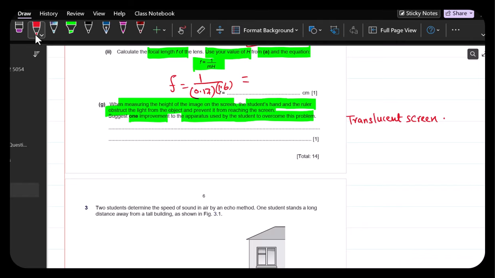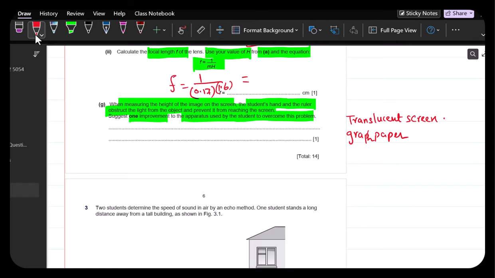Then other is that use graph paper, so that you can read the distance. You can see where the image is plotted, what is the scale, what will be the size of the image, so you can use graph paper for that purpose. So this is what we can improve, or you can say you can use a clamp ruler, means you attach the ruler by the side of the screen.